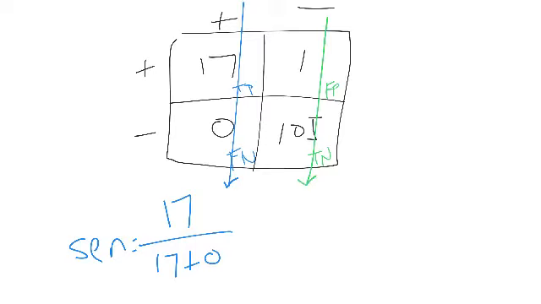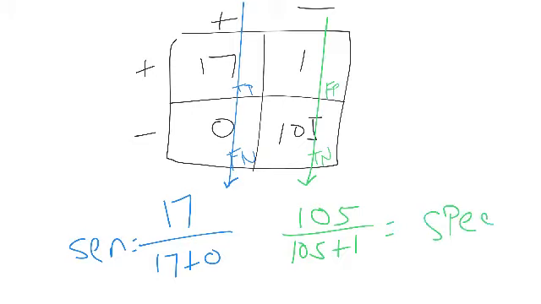All right, let's do our specificity, our ability to exclude disease. Not going to be quite 100, right? Okay, and this is going to be true, which is 105, over everything. Yeah, that formula works. What is everything? It's 105 plus 1, right? And that's our specificity. Alphabetical order, S-E-N, S-P-E.